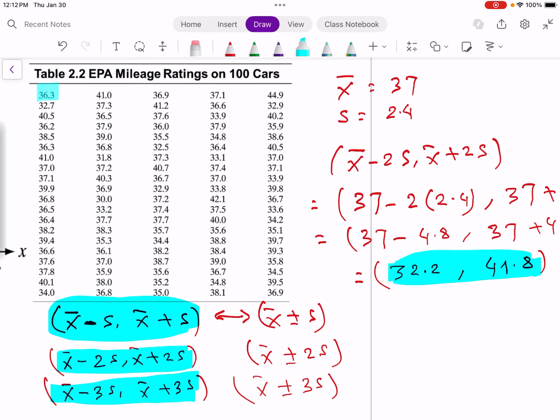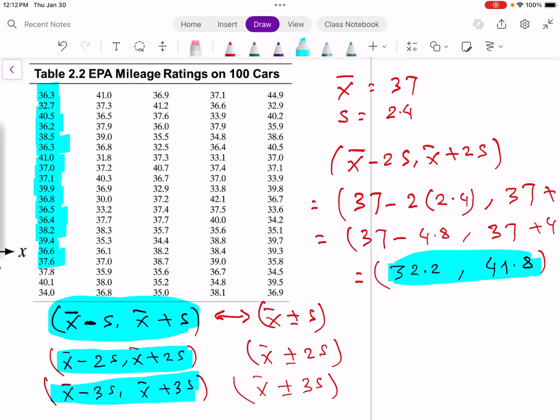Let's see how many measurements we can find. We can find this one, right? 32.7, yes. 40.5, yes. 36.2, 38.5, 36.3, 41, 37, 37.1, 39.9, 36.8, 36.5, 36.4, 38.2, 39.4, 36.6, 37.